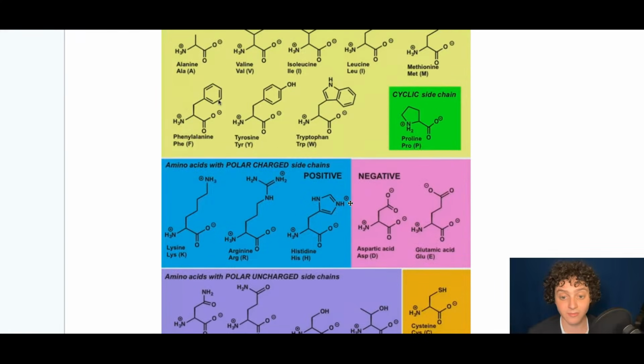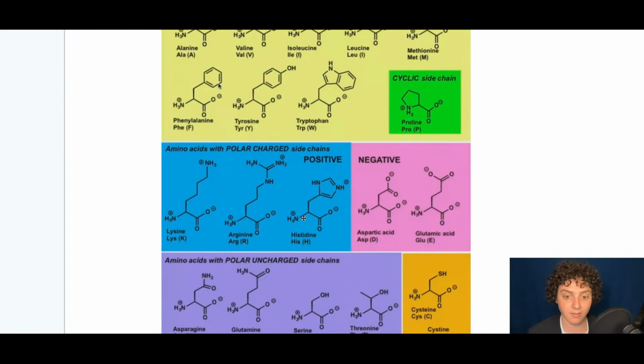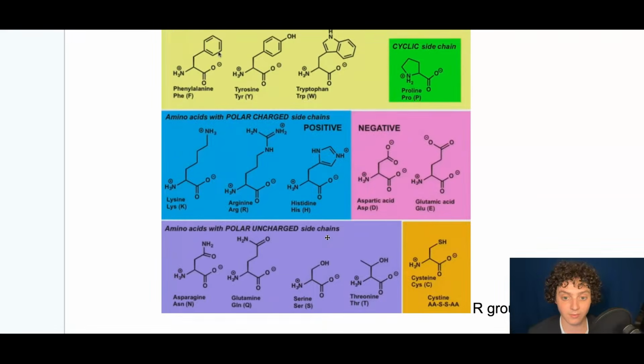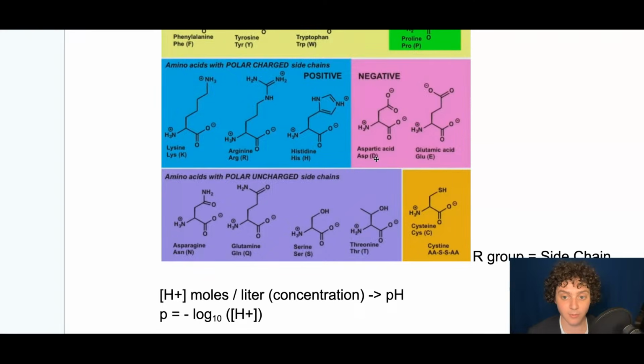Well, it turns out that some of those R groups, just like the amino or the carboxyl of the backbone, can also be acids or bases. So when it comes to something like aspartic acid, there is an acidic R group that, just like the backbone, has given off hydrogen and become negative.